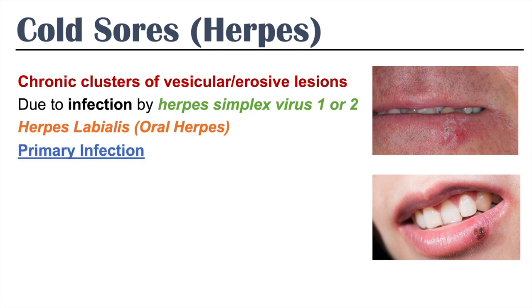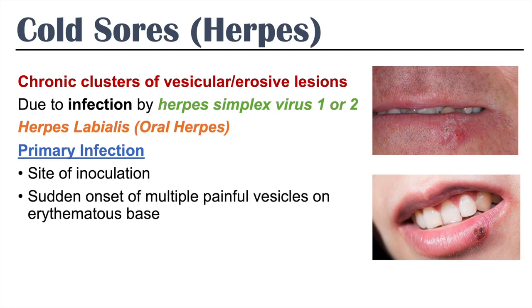Now, the primary infection involving herpes simplex virus 1 or 2, there is a site of inoculation. So if someone comes into contact with someone else that is shedding the virus and there may be a break in the skin, that is the site of inoculation. There can be a sudden onset of multiple painful vesicles on an erythematous base.